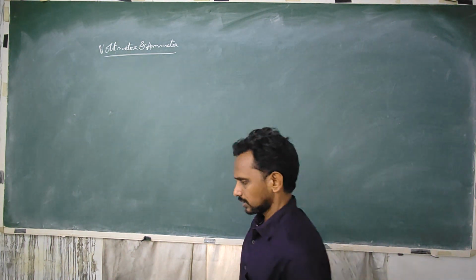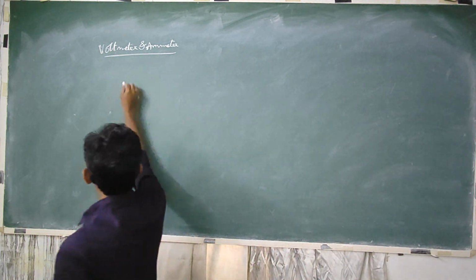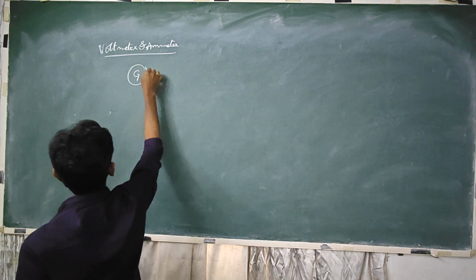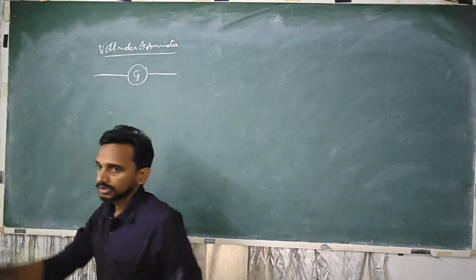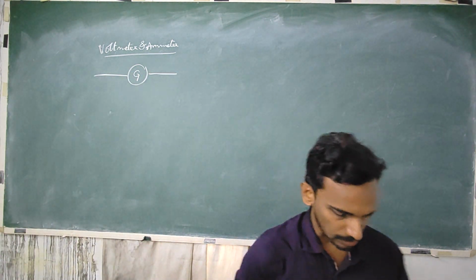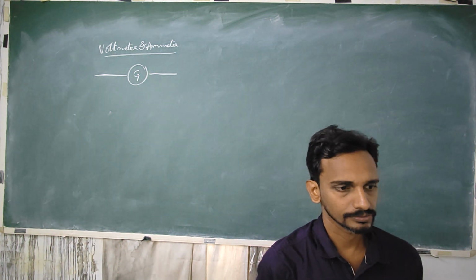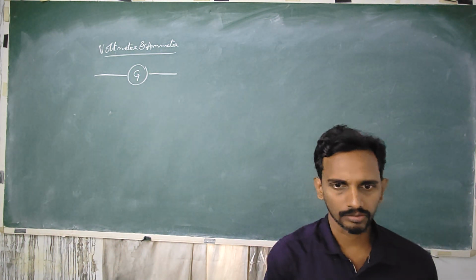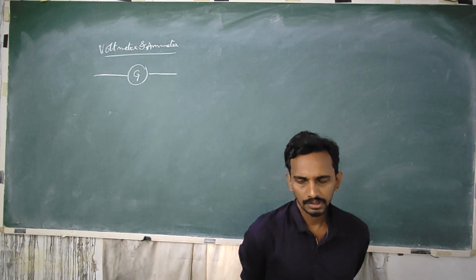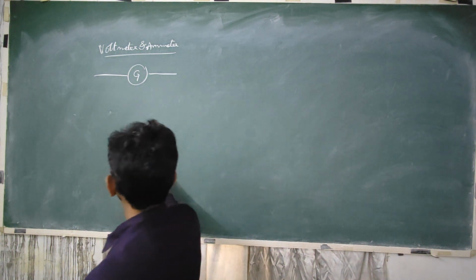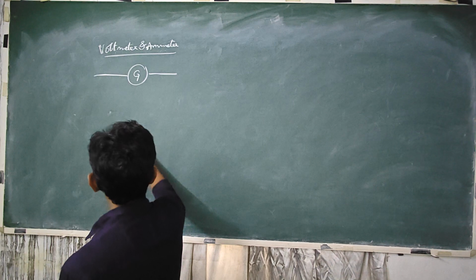Okay, so you might have come across the galvanometer, which counts the number of charges flowing through it. Moving coil galvanometer or any kind of galvanometer. So if you have a moving coil galvanometer, how does it look like?